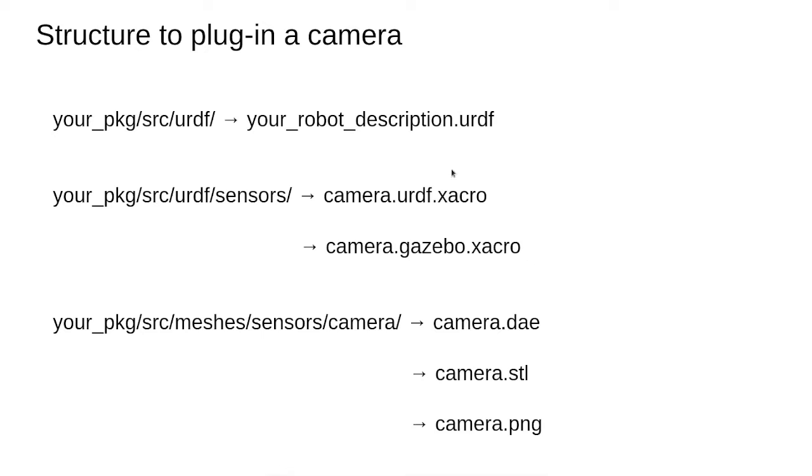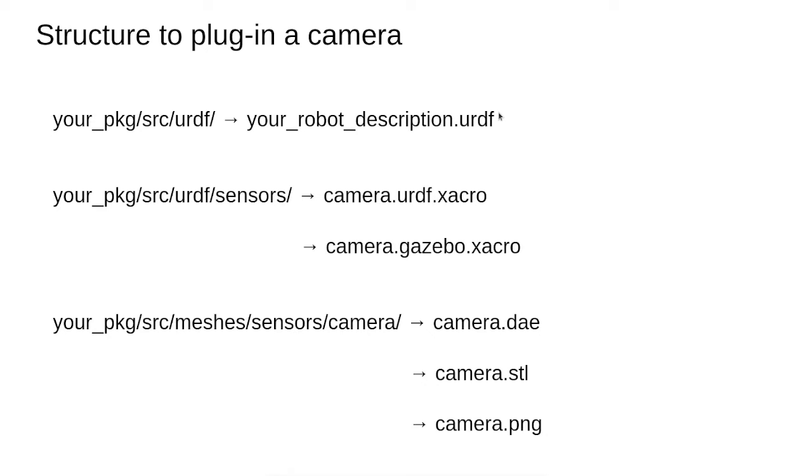What you have is your package, the source file and the URDF file where you have the model of your robot. In our example, it will be a cobot.urdf file.